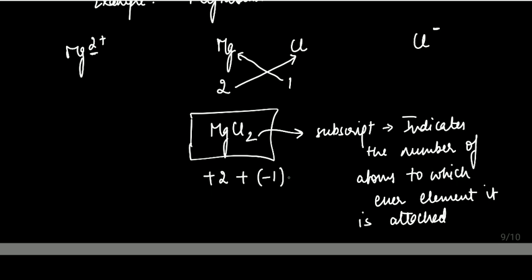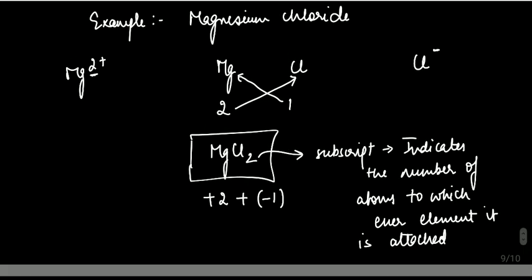For chlorine, two atoms are there, so minus 1 is the charge on one chlorine atom into the number of atoms. This will give you total charge as 0.